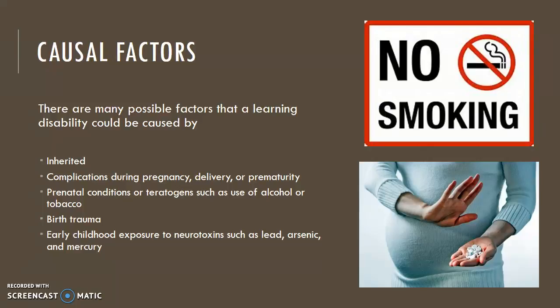Going along with that, there could be prenatal conditions, or use of teratogens such as alcohol or tobacco that could affect the child and result in a learning disability, as well as birth trauma. Even after birth, early childhood exposure to neurotoxins such as lead, arsenic, and mercury could result in a learning disability as well.